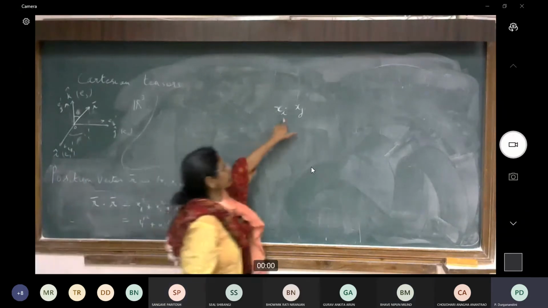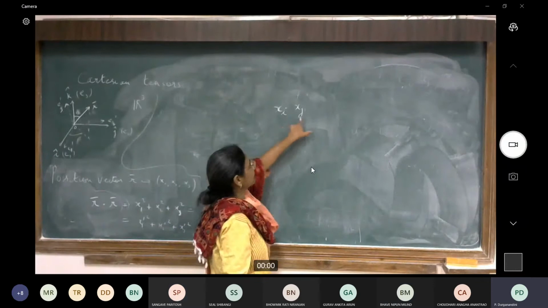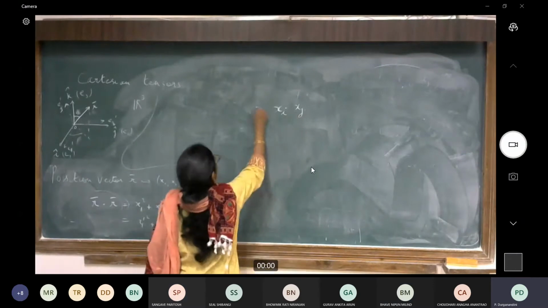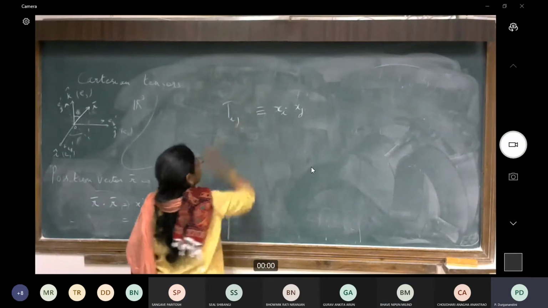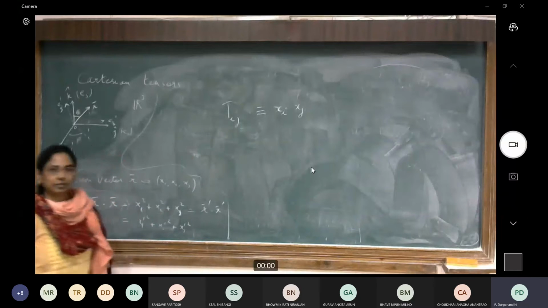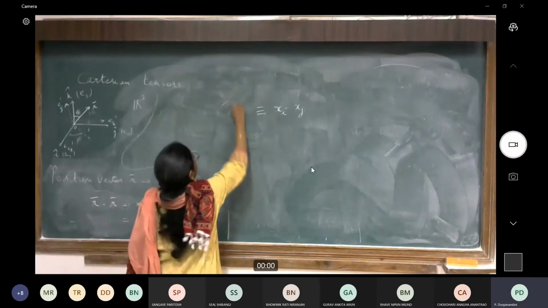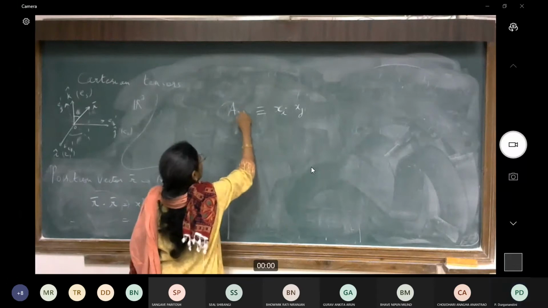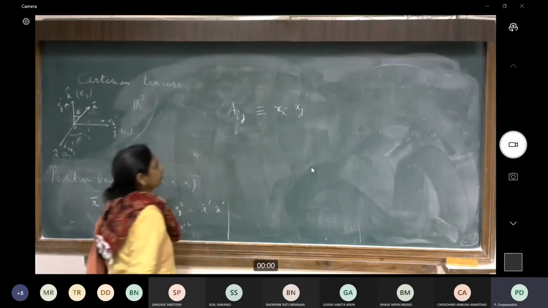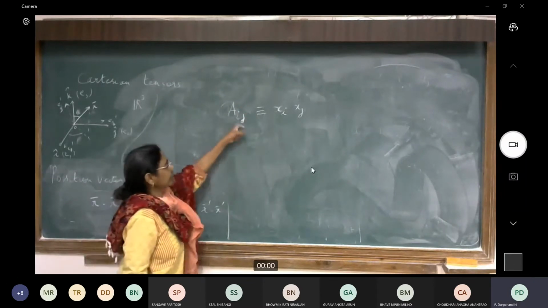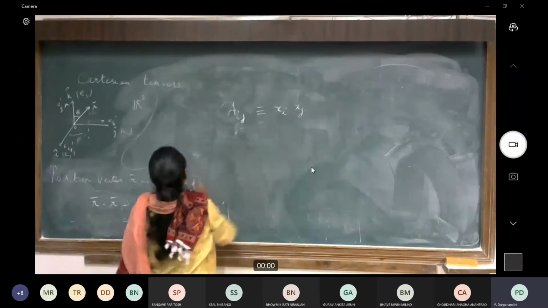Because x1 squared, x1 x2, and so on. So I can get 9. Let me call this Aij. So I have 9 such quantities here, Aij. This is with respect to the basis B.